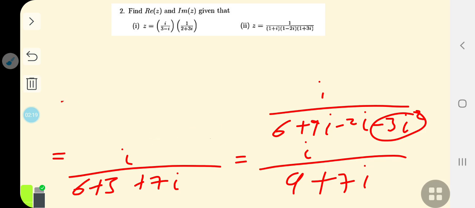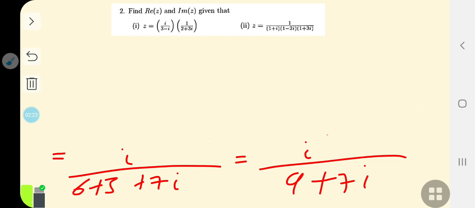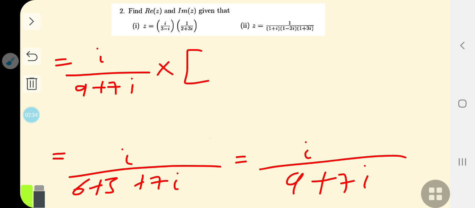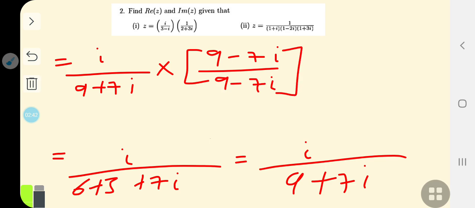So from there it's just a matter of multiplying by the conjugate. So I'm saying that 9 plus 7i multiplied with its conjugate, which will be 9 minus 7i, divided by the same thing, 9 minus 7i.